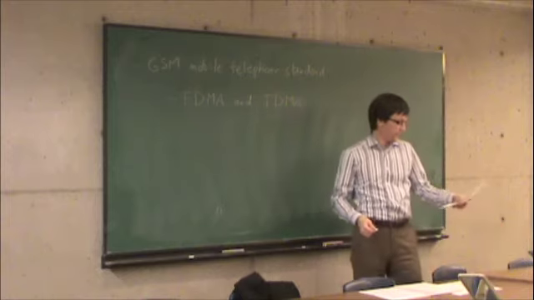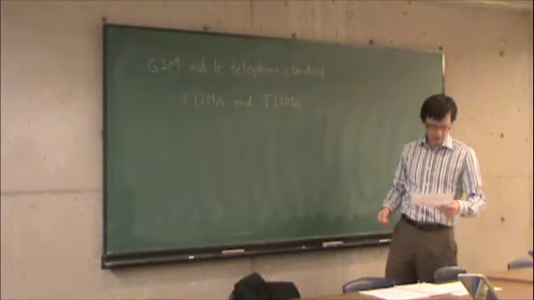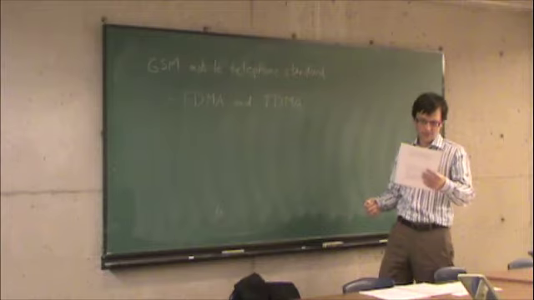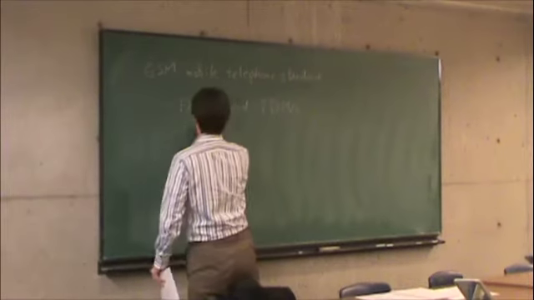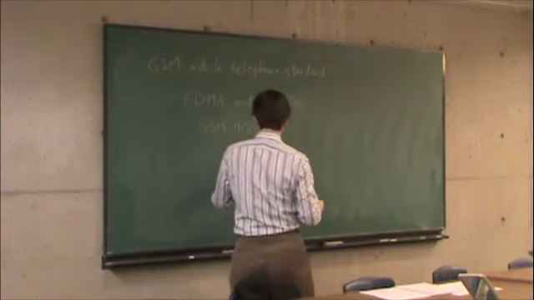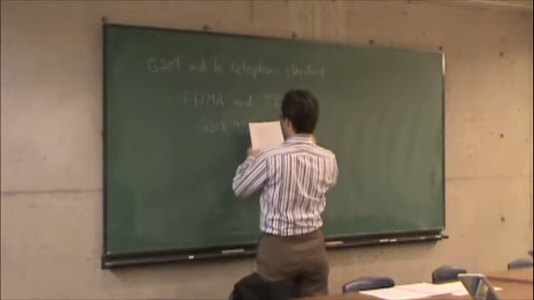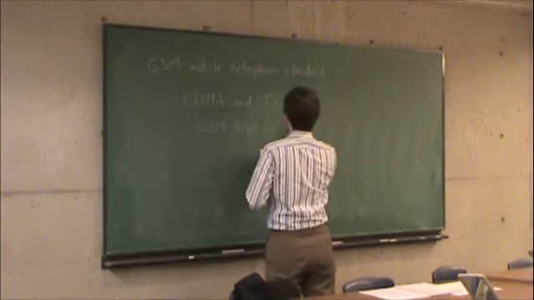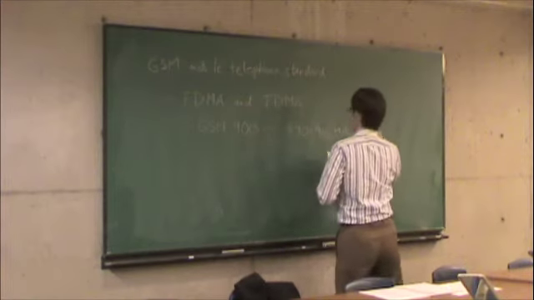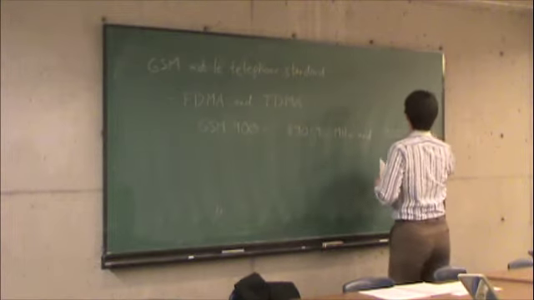There's an awful lot of details. There are multiple frequency bands in which these operate, but just as one example, there is something called GSM 900, which occupies the wireless frequency band from 890 to 915 megahertz, and 935 to 960 megahertz.